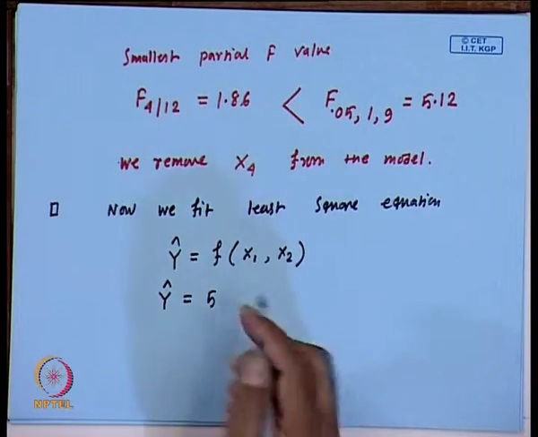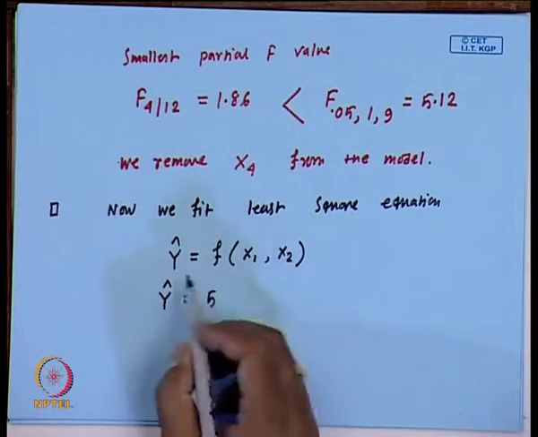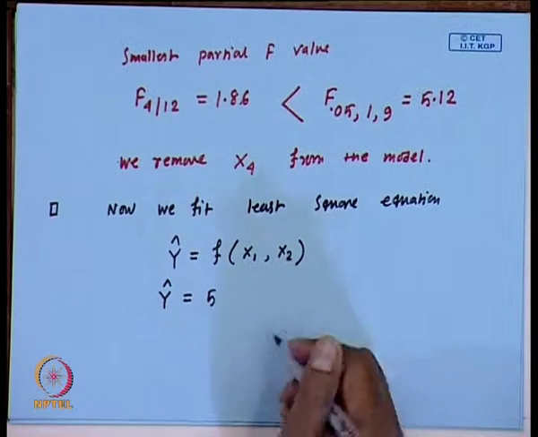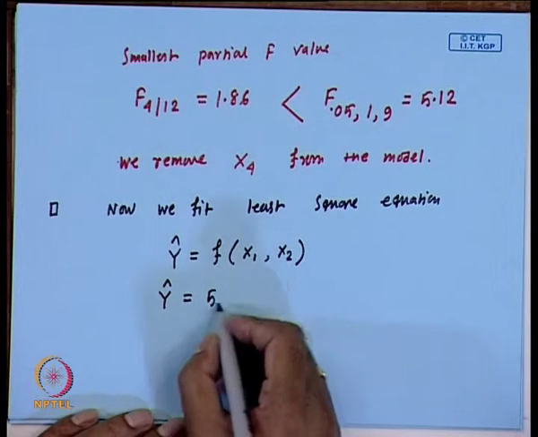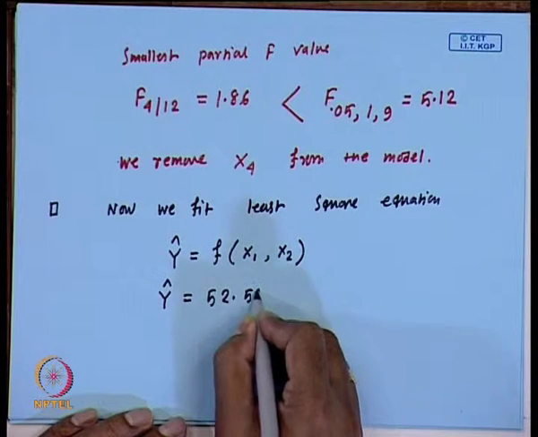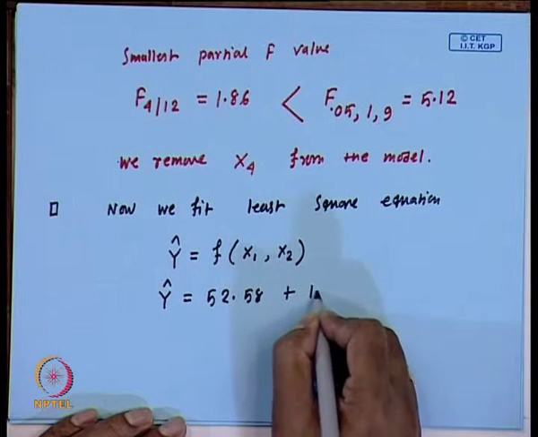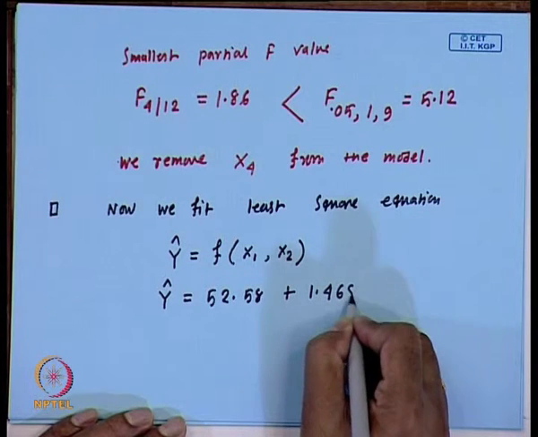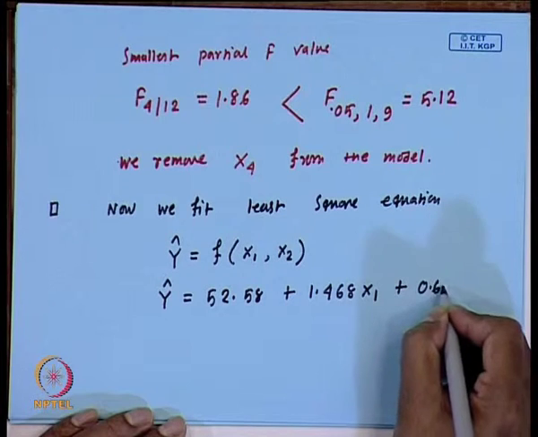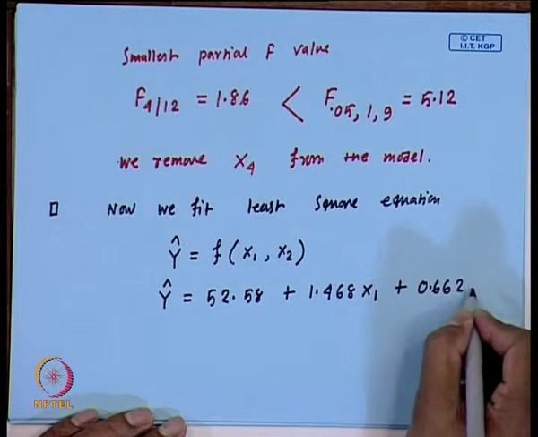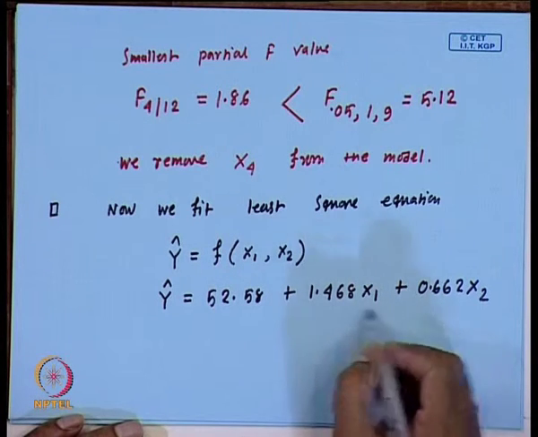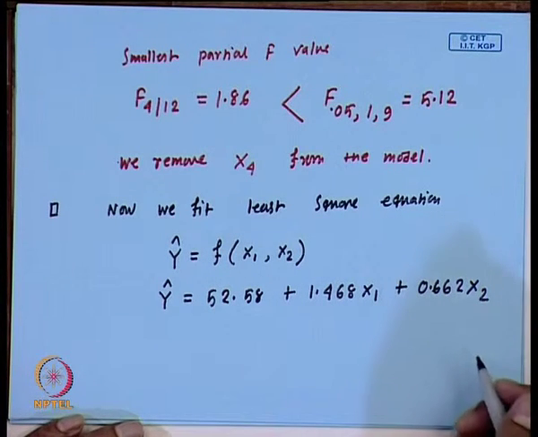Okay, so, that means we will fit a model involving x 1 and x 2 only and the fitted model is y hat equal to 52.58 plus 1468 x 1 plus 0.662 x 2. Okay. So, you know how to find the unknown parameters.